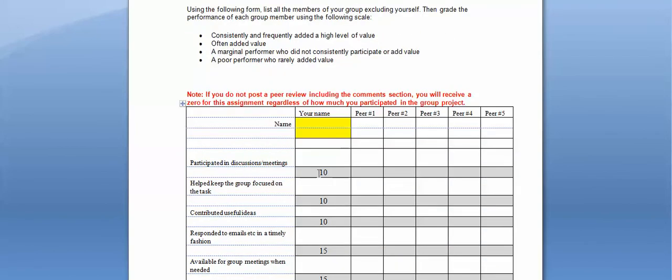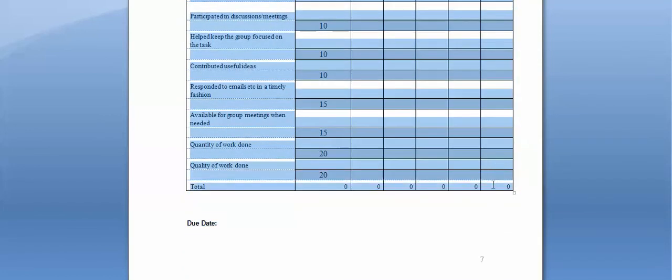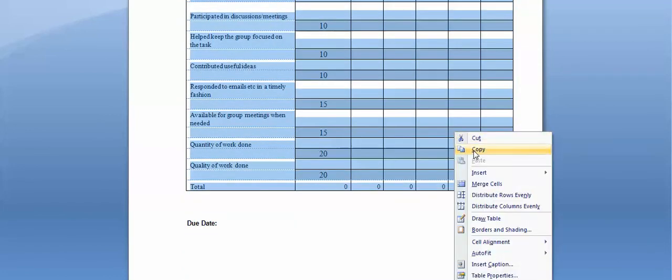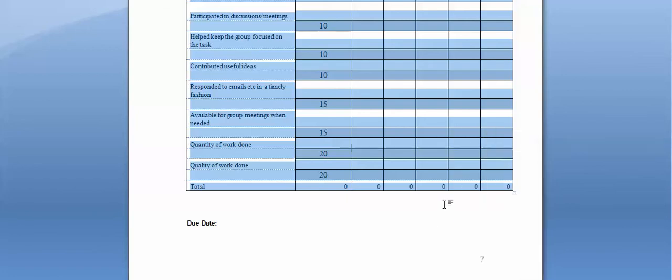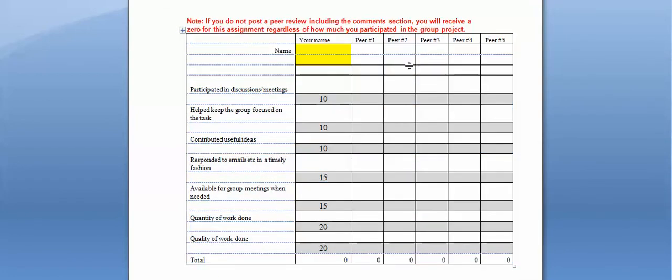So this is what you'll do. You will take this form that can be found in the syllabus in WebTyco. So the best way to do it is to just highlight it, and then you can copy it into another document. And once you do that, you will not grade yourself. So your name will go here.